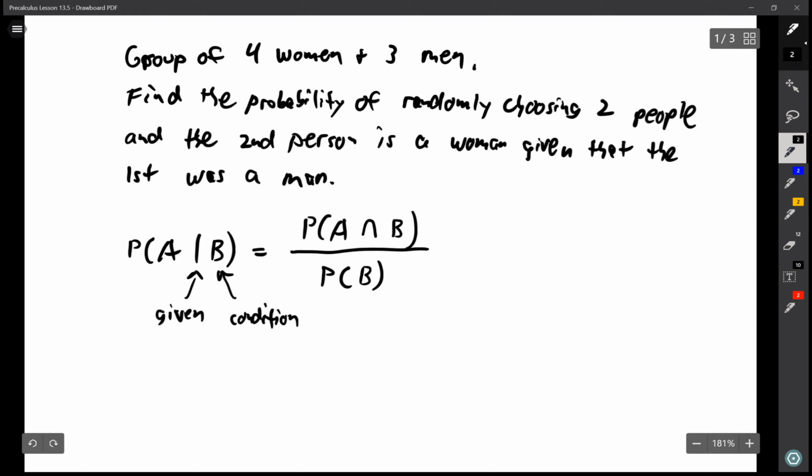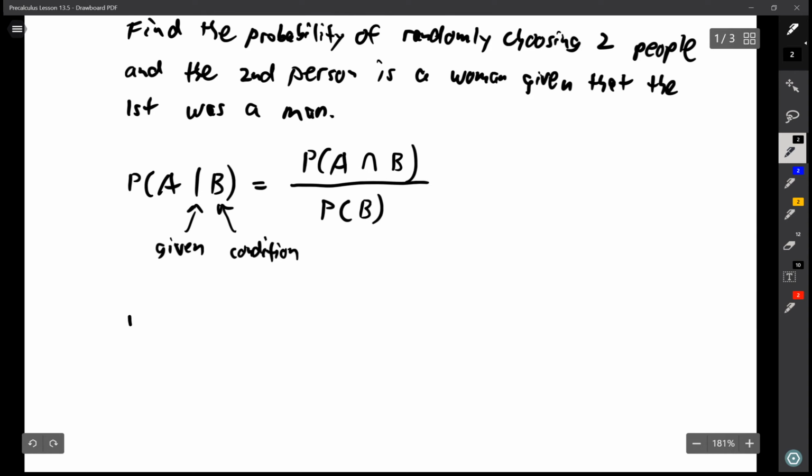So for this one, it would be P of woman chosen second, given man chosen first.